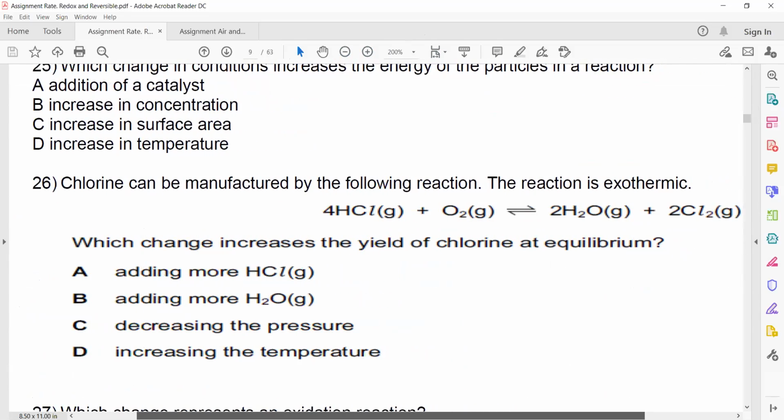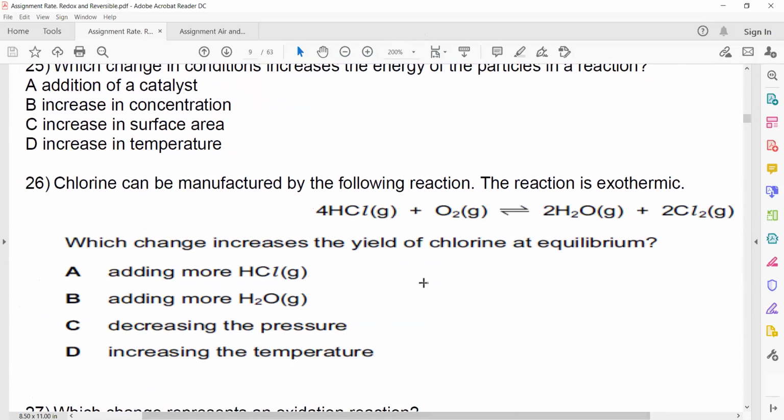Question 26. Which change increases the yield of chlorine? That means the amount of chlorine. The reaction is exothermic, meaning the reactant has high energy and the product has low energy.